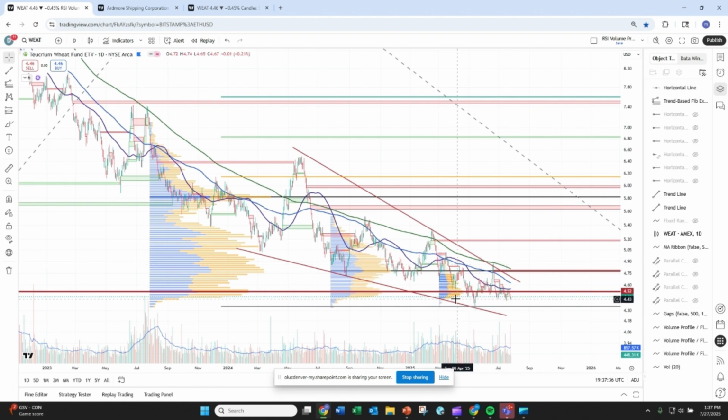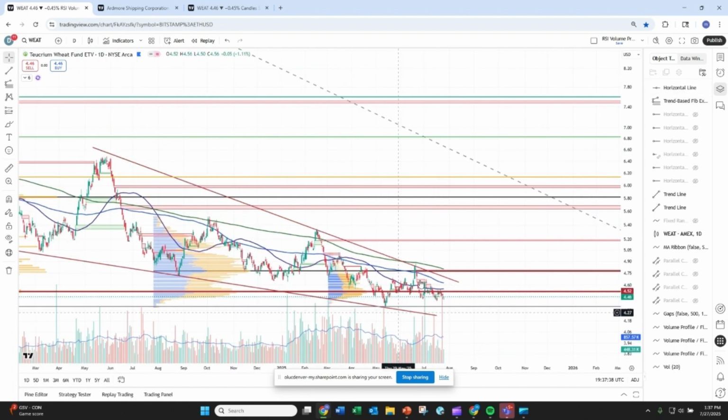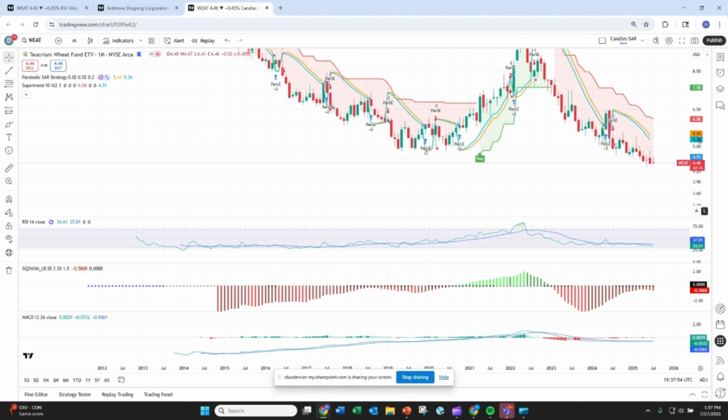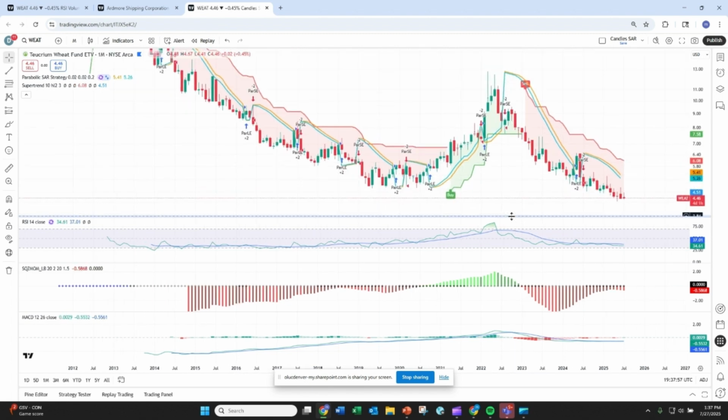Again, I've been jumping in through here at different points, putting little small bits, waiting for this to break. And so let's look at this on our other charts here. So here's the monthly, and what I have on this chart here is the parabolic SAR, which are these blue and red arrows saying get in and get out.